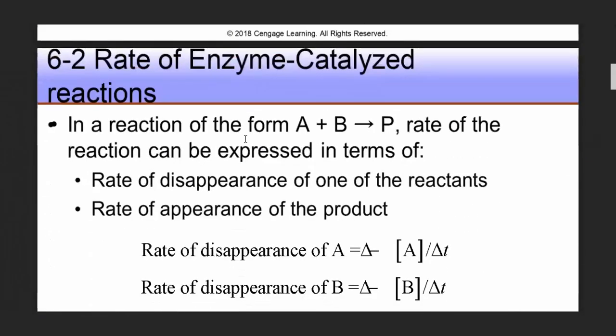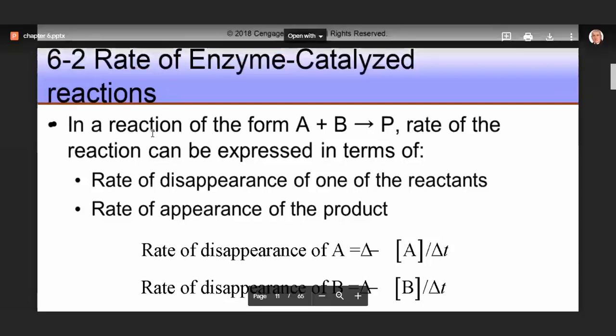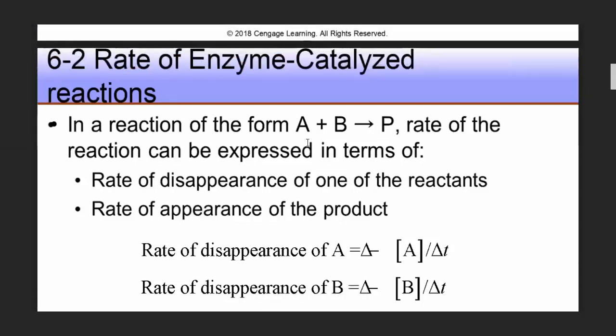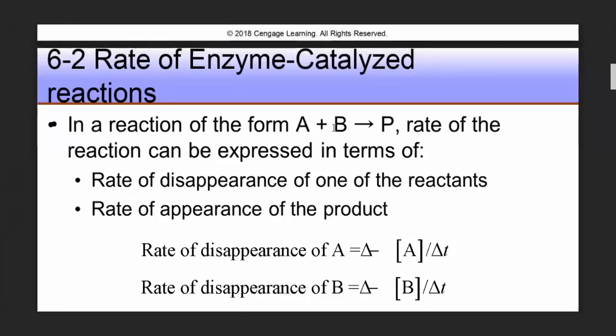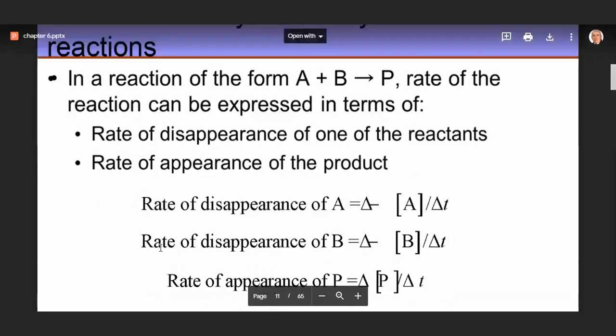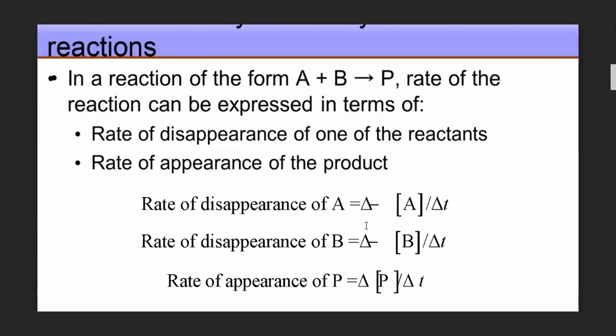Now, rate of enzyme catalyzed reaction. In a reaction of the form A plus B giving P, the product, the rate of reaction can be expressed in terms of the rate of disappearance of A or the rate of appearance of product. So the rate of disappearance of A can be found by this. Since it is disappearance, we put a negative sign.